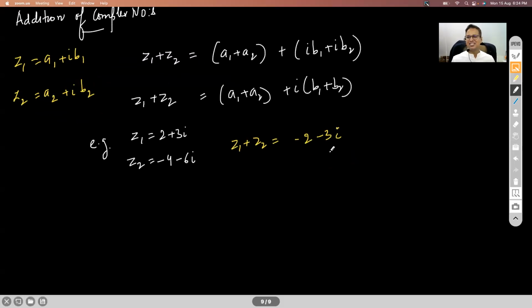But the sad part is, such an easy concept, JEE is not interested in, right? JEE doesn't want to test you or ask a question on this. Rather, JEE is more interested in whether you know geometrically what is happening when you are adding two complex numbers.